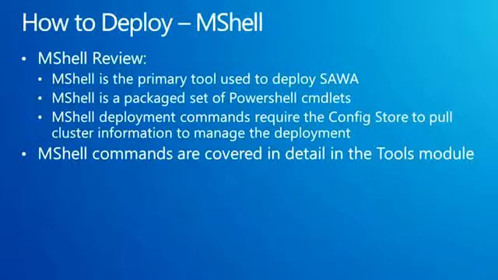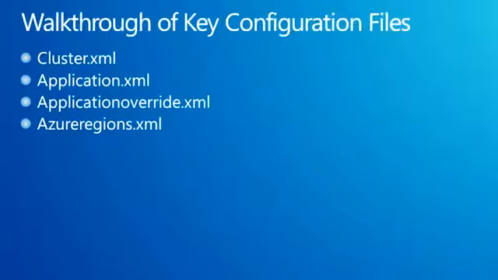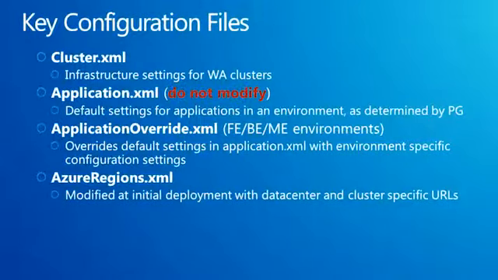Specific MShell commands are covered in detail in the Tools module. Next, we will complete a walkthrough of key configuration files: cluster XML, the application XML, the application override.xml, and a file called Azure Regions.xml, which will be found in a data deployment. As mentioned earlier, the cluster XML contains all infrastructure settings for Windows Azure clusters.